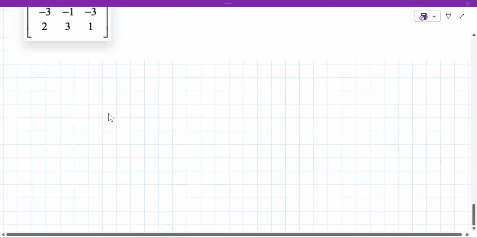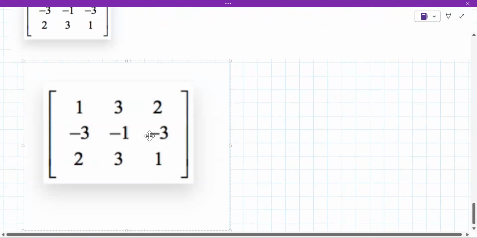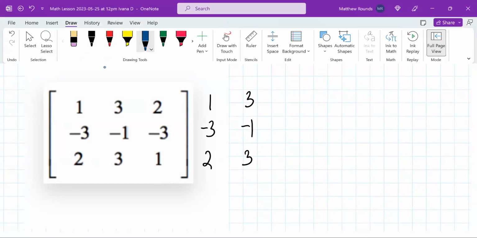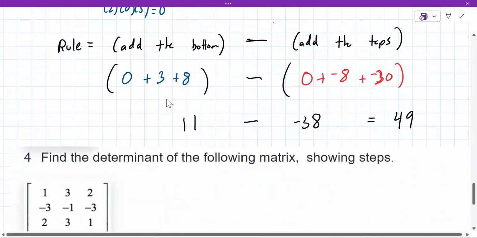So we'll do this again here. All right, so again, you rewrite that first column. You rewrite that second column. And I'll color code it again. I like to do the bottom ones first. What color did I use? Yeah, blue. Okay.